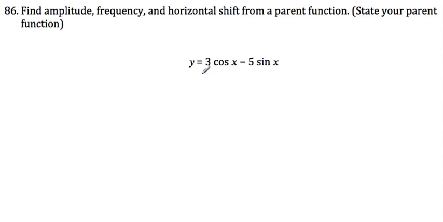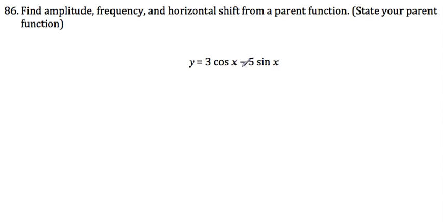Alright, so here we have y equals 3 cosine x minus 5 sine of x. Sine and cosine have the same angle, x and x, and they're connected by a subtraction sign.